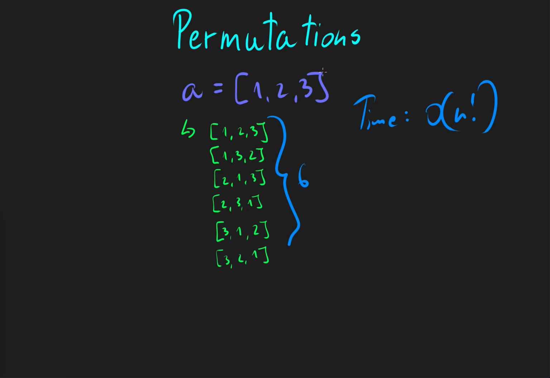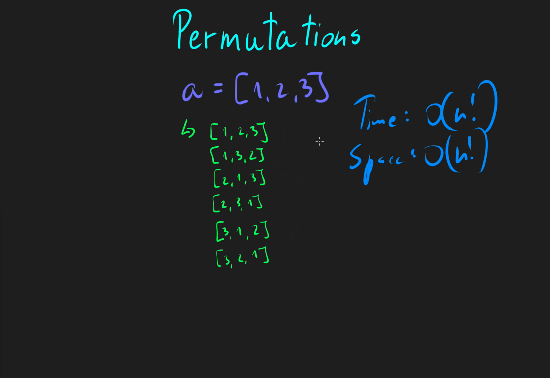If we have a fourth element here, the number of permutations would be 24, right? And you can immediately see that for each additional number inside an array, the number of operations would skyrocket. So this algorithm will be quite slow. And it's the same for space. There's no way around constructing something smaller than n factorial.